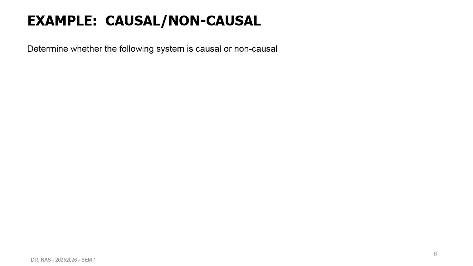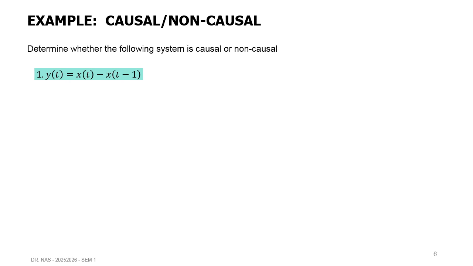Okay, let's look at a few examples of how to identify whether the system is causal or non-causal based on the given equation. So let's look at the first example, given by y(t) = x(t - 1). In order to determine the causality of the system, you need to consider at least three t values. The first one, negative values, then the current state 0, and then the future state, maybe any positive values.